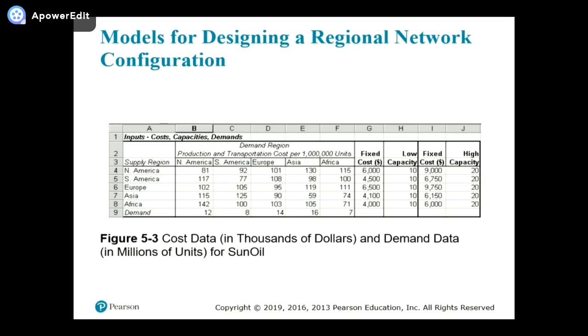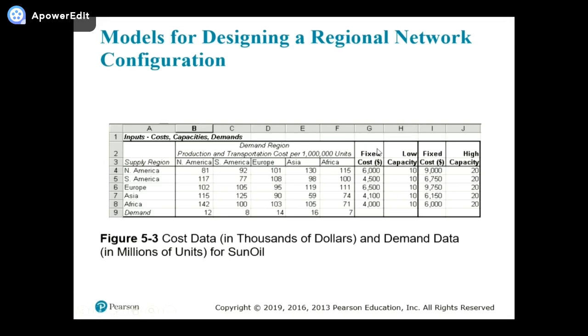And then our decision to establish facilities in each region also relates to the facility costs. So the different regions have different facility costs. So for example, with a certain capacity facility, it's most costly to build this facility in Europe and least costly in Africa.